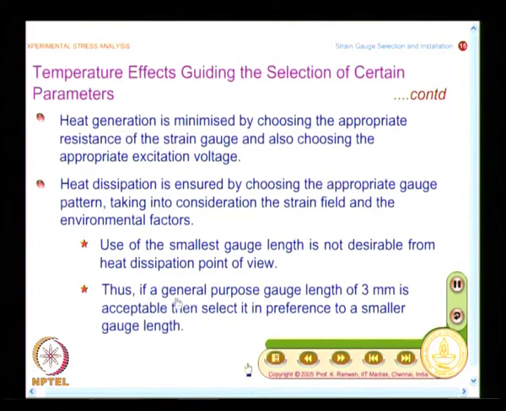So, if a general purpose gauge length of 3 millimeter is acceptable, select it in preference to a smaller gauge length. So, this is the recommendation.